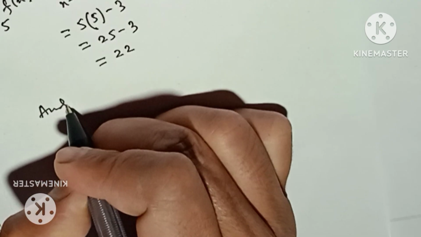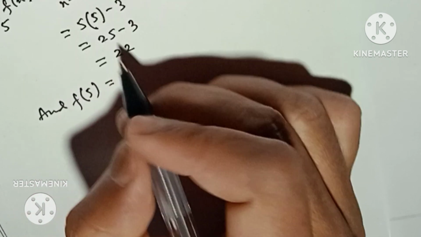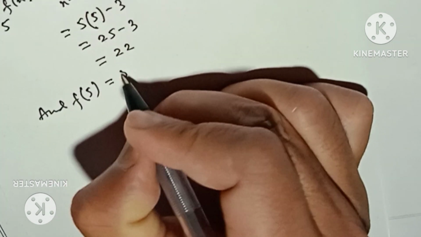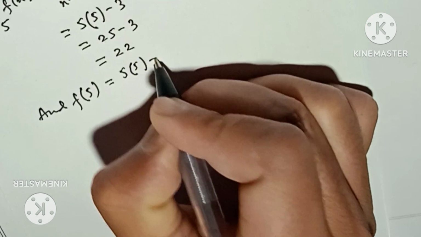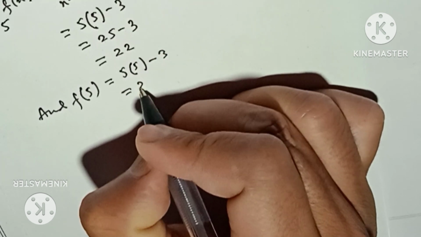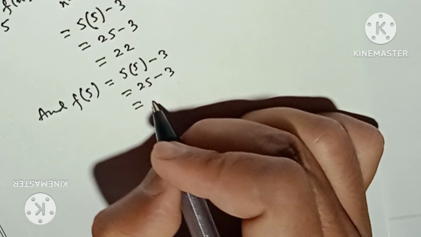And f of 5, substituting x equal to 5, we get 5 times 5 minus 3, that is 25 minus 3 equal to 22.